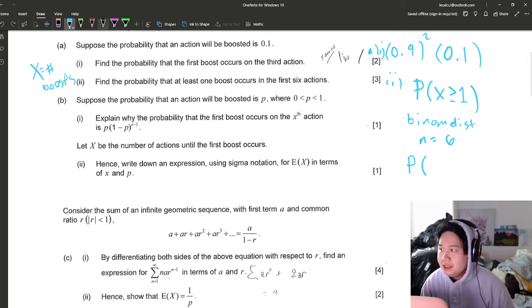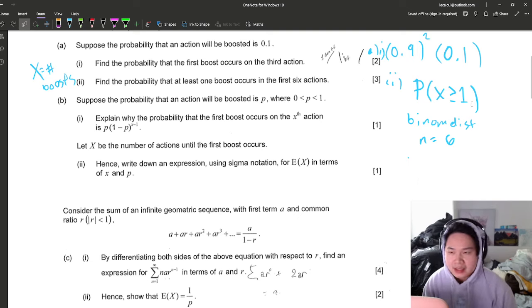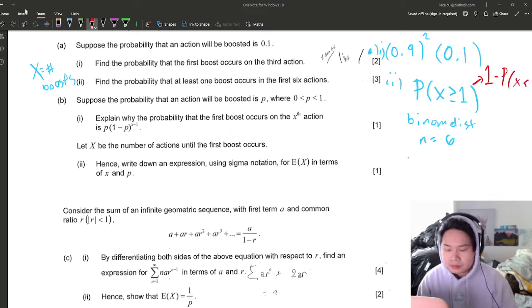So what I should be doing is rewriting at least 1 into a probability statement that has an upper boundary. So having at least 1, well, that's really thick. Having at least 1 is the same as finding the complement, which is having less than 1.